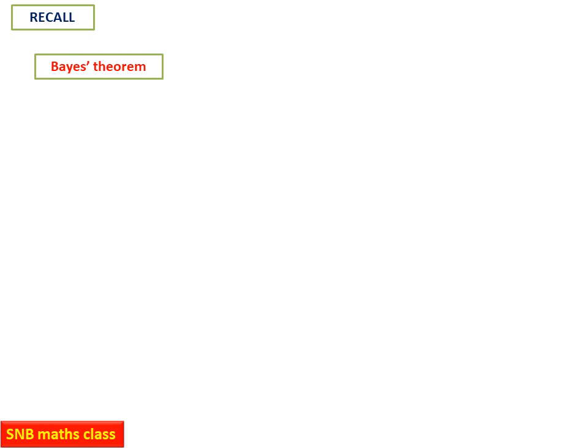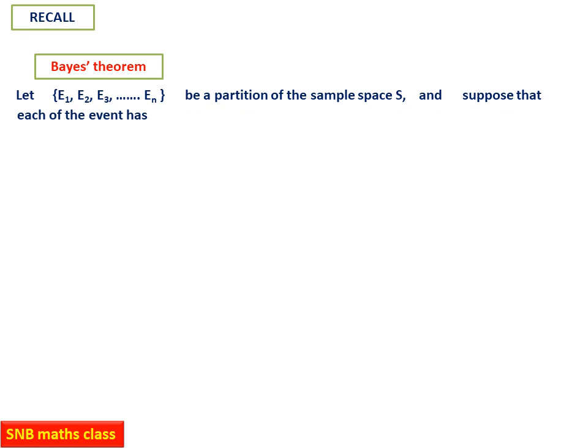Let us recall what Bayes theorem means. This is the statement: let E1, E2, E3, ..., En be a partition of the sample space S, and suppose that each of the events has non-zero probability of occurrence.